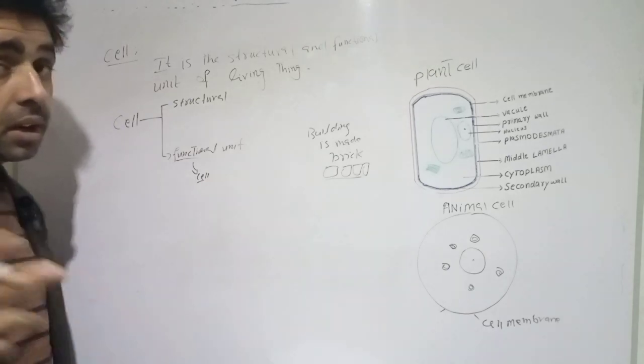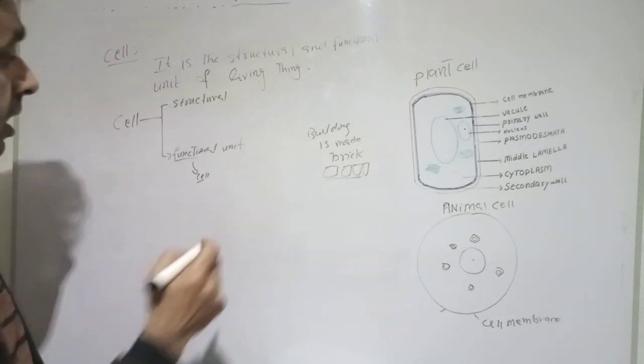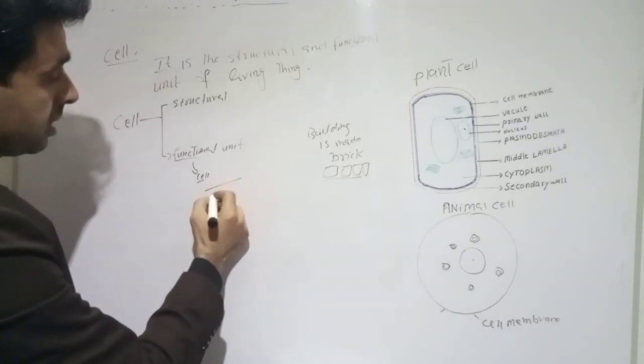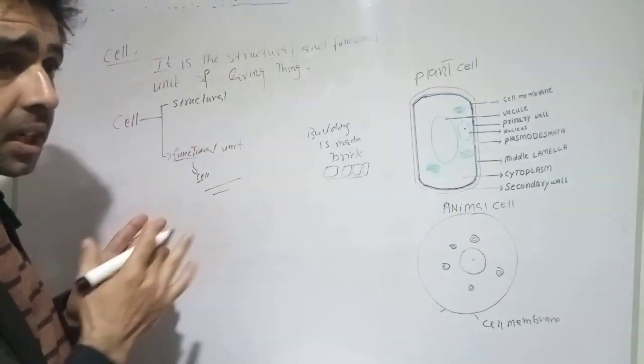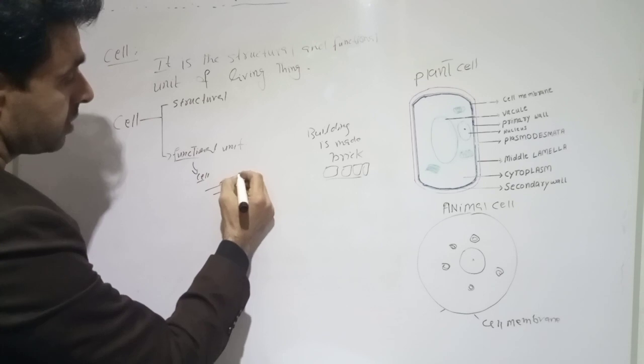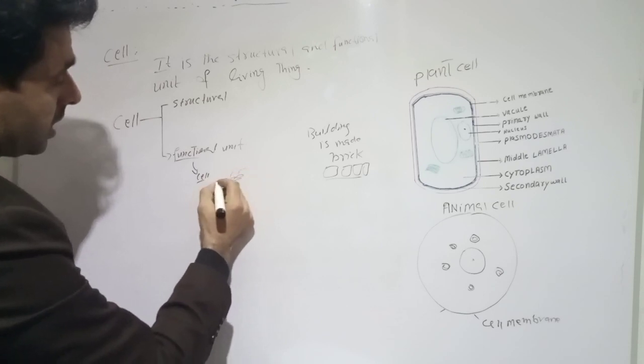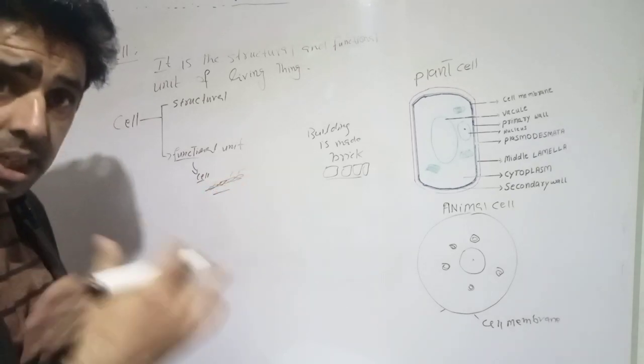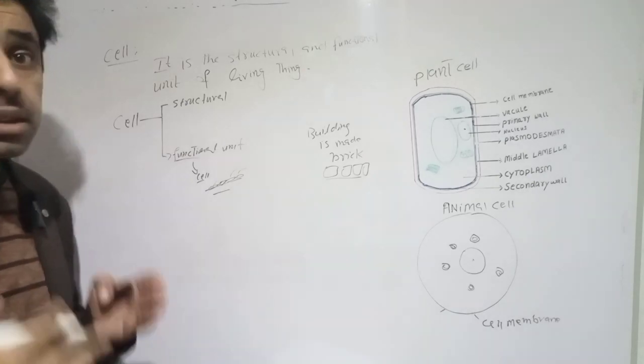Let's suppose we are running. Running means that our muscles bend, relax and contract. Our muscles are made of cells. Actually, the cell is working, not the muscle.